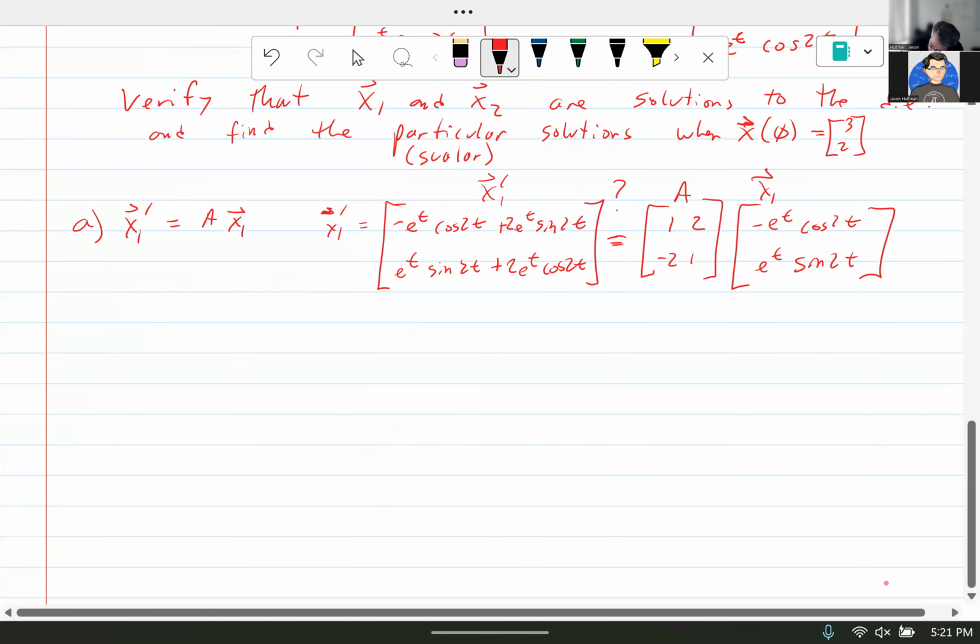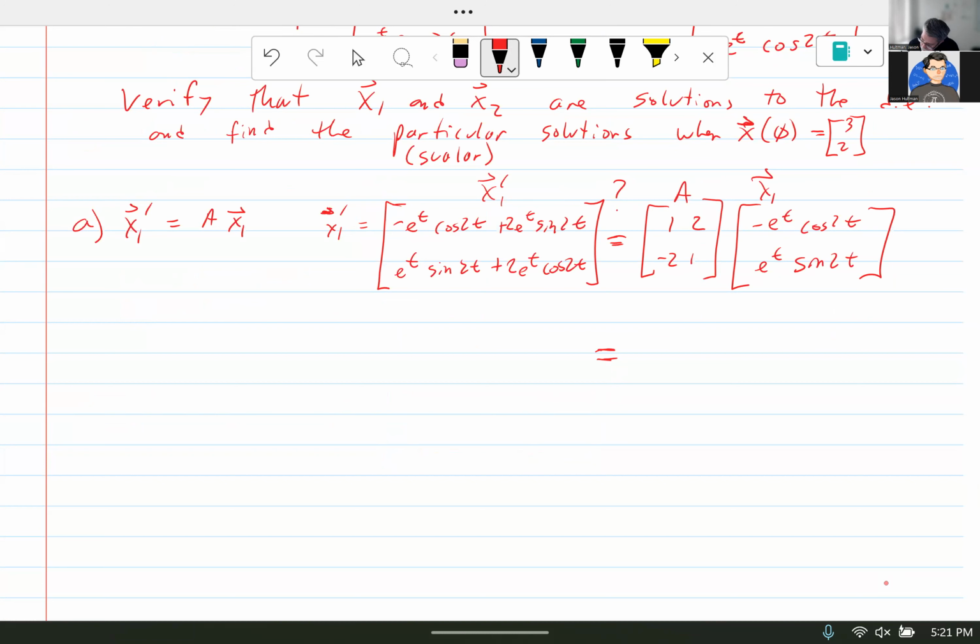If I do matrix multiplication, the first row times the column gives negative e to the t cosine 2t plus 2e to the t sine 2t.